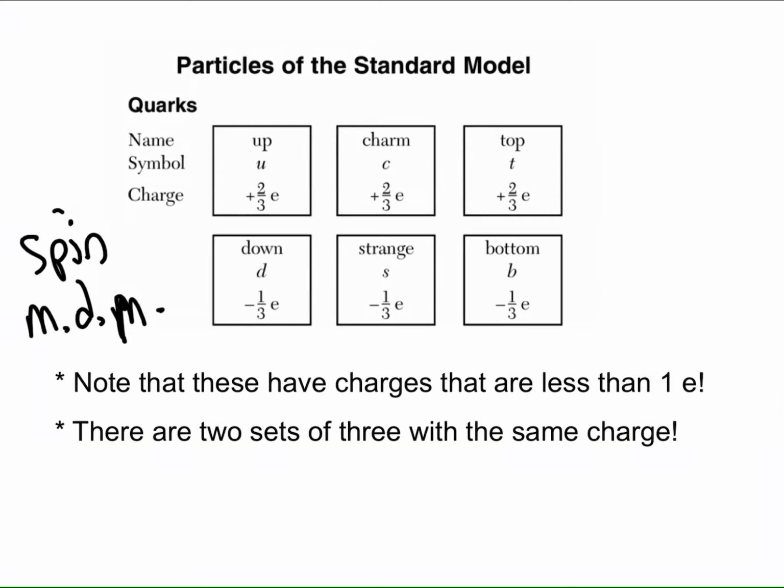For instance, looking at up, charm, and top, they all have the same charge. Now, that's the next thing I want to talk about. These charges are less than 1e. So right now you're all probably angry, saying, Mr. Austin lied to us. He said that you can't have a fraction of elementary charge. And that's true.